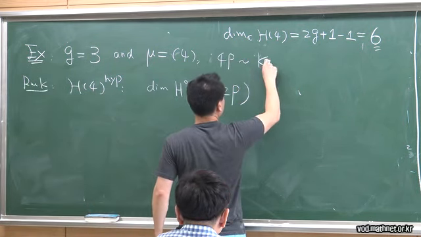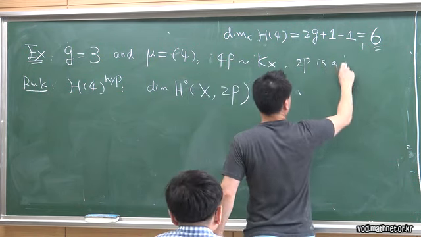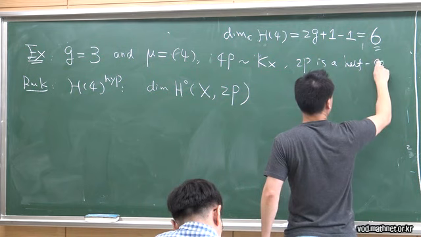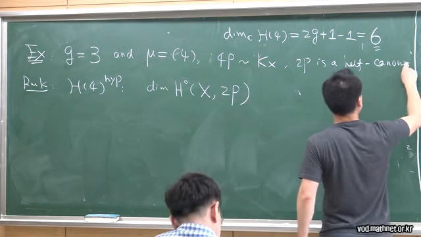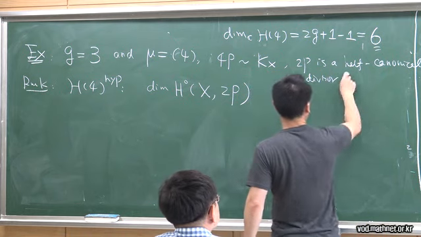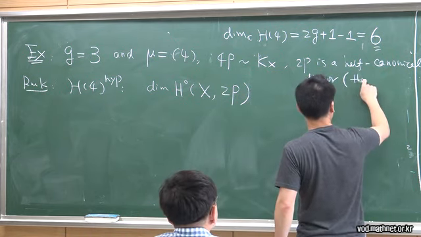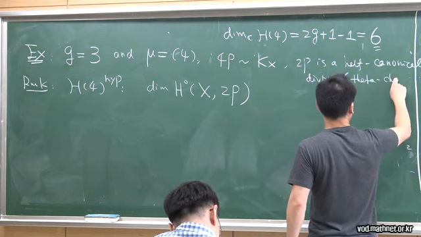So 2 times P, in a sense, is a half canonical divisor, and it's also called a theta characteristic.